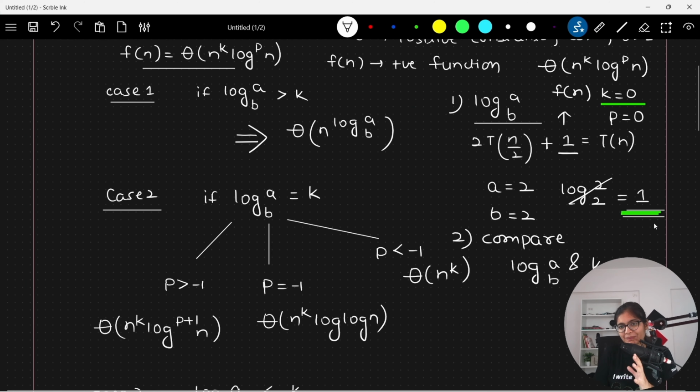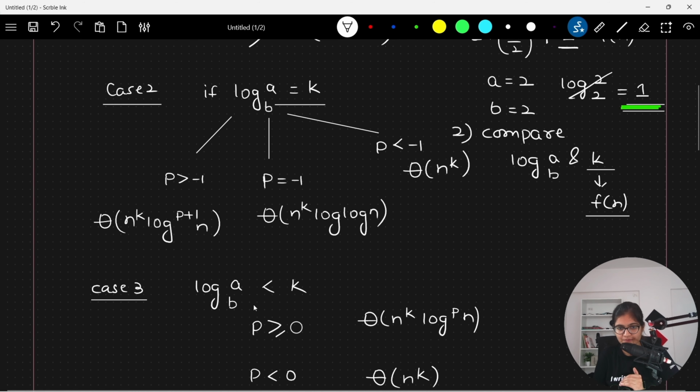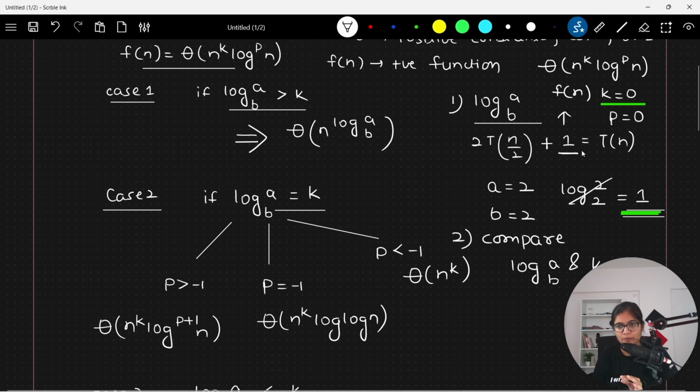Now, there can be three cases that you can get. Either the value that you have evaluated, log of a base b, is greater, or it is equal, or it is lesser. On the basis of that, we have three different cases in our master's theorem. The very first case, try to understand. Here in this particular case, the example which I have just shown you, the value of log of a base b is, I believe, 1.